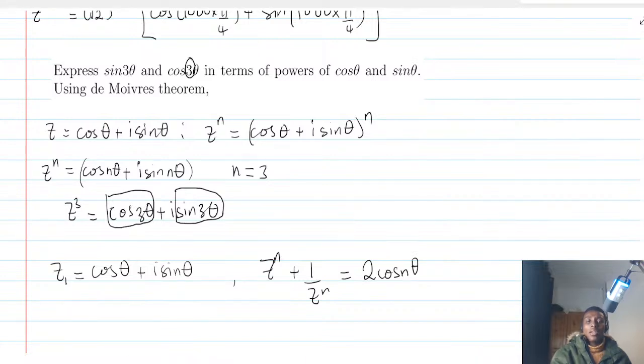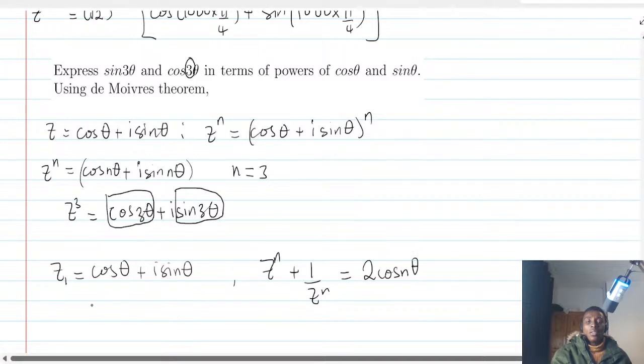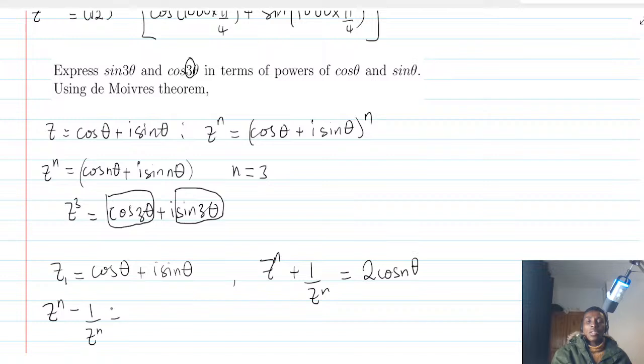And if you have a complex number and subtract its inverse, you will get 2I sine n theta. Okay.